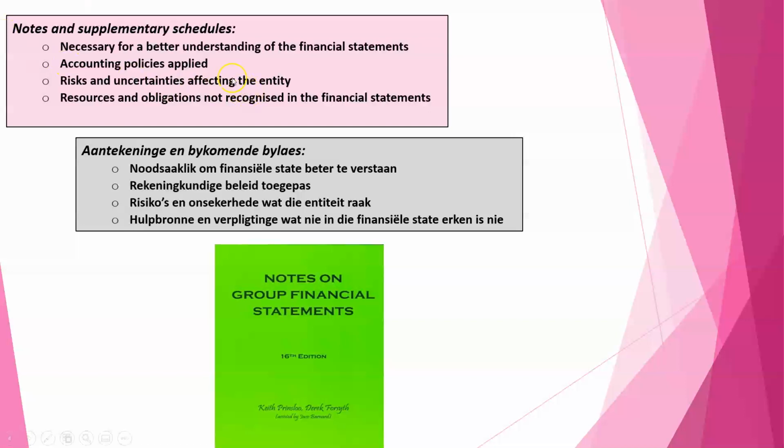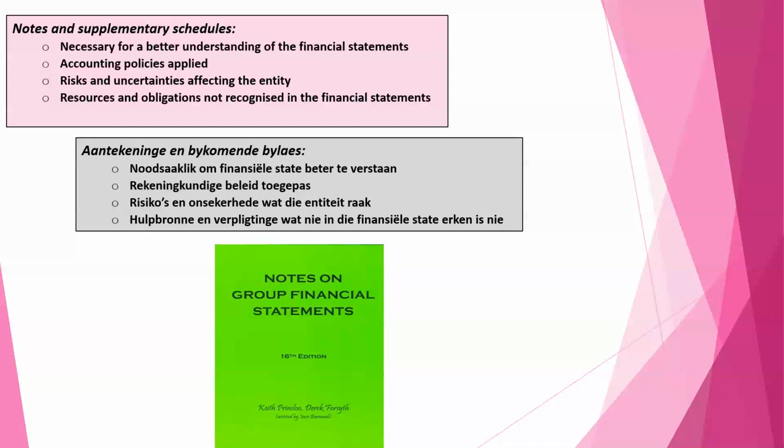I have to know what the accounting policies were that the company adopted. Why? Guys, if I'm going to compare two companies, similar types of companies with each other, but those similar types of companies apply different accounting policies. Now, it's 100% allowed. There are certain accounting policies that you're allowed to apply.